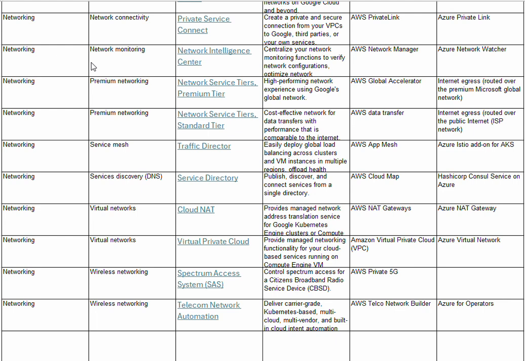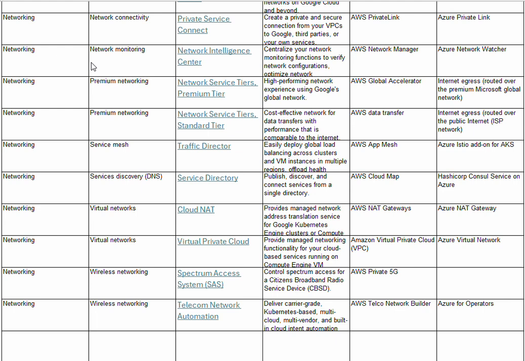Such monitoring can be done with Network Intelligence Center on Google Cloud, Network Manager on AWS, and Network Watcher on Azure. All three tools do the same thing and give you insight into many things, but we will also look at how they work on the different platforms.